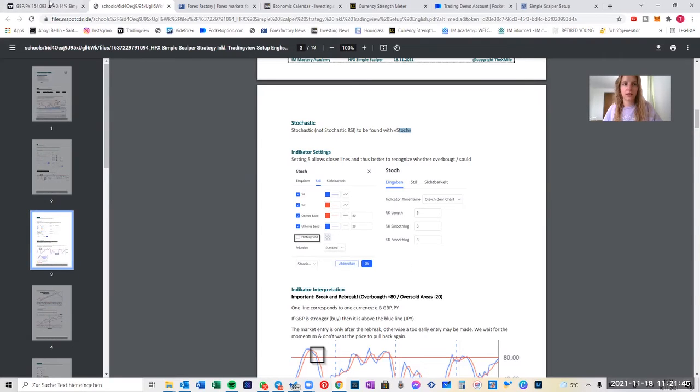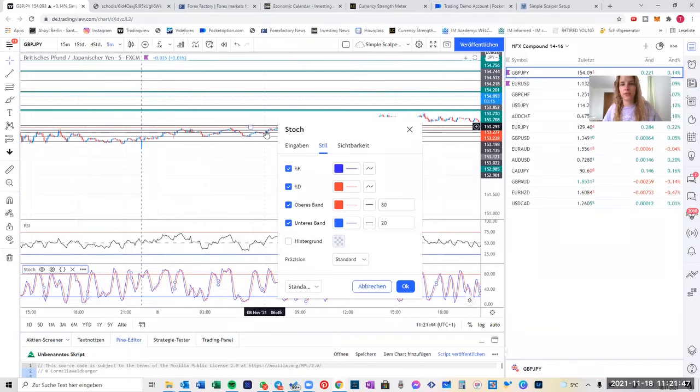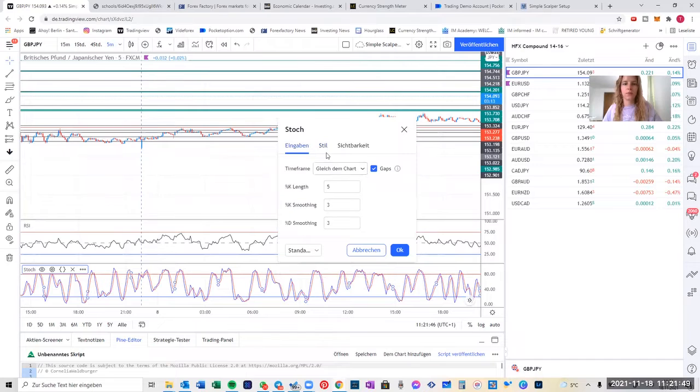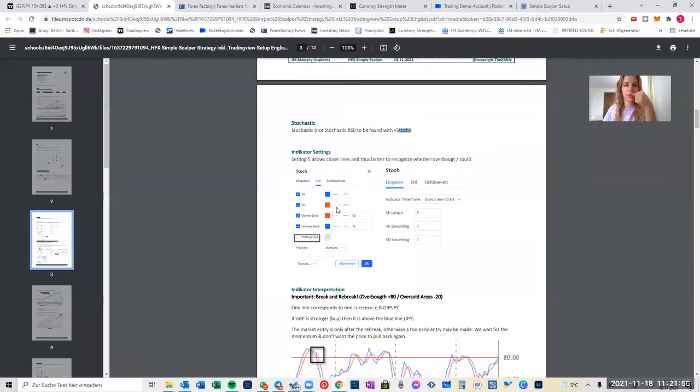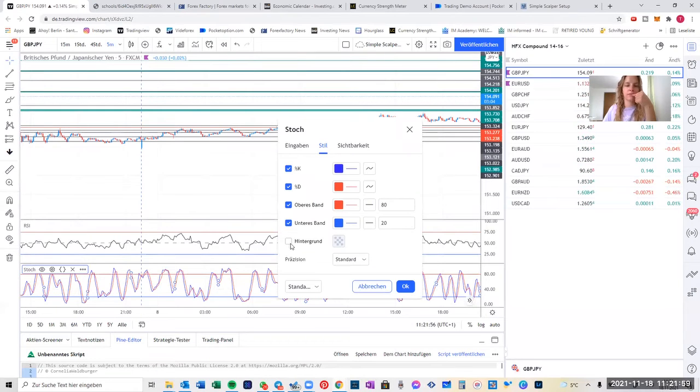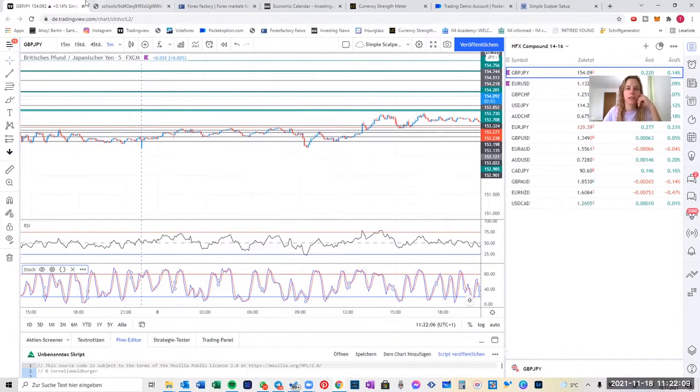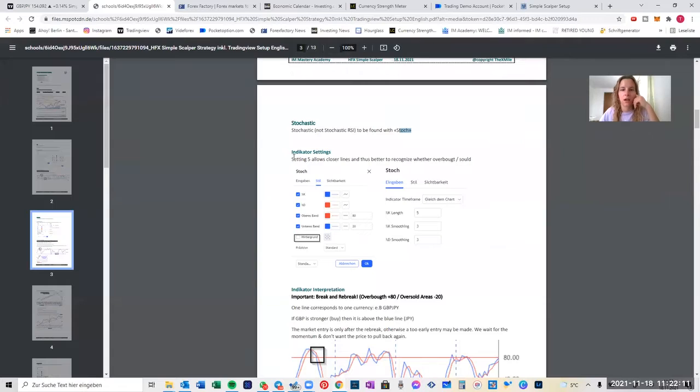So, like it's here, 80-20, 5-3-3. Okay, that's correct. And then you have to set up the colors. You see here blue, red, red, everything clear. I think I have saved it as a standard, so by me it's background off and stuff like that. So here we have the explanation.